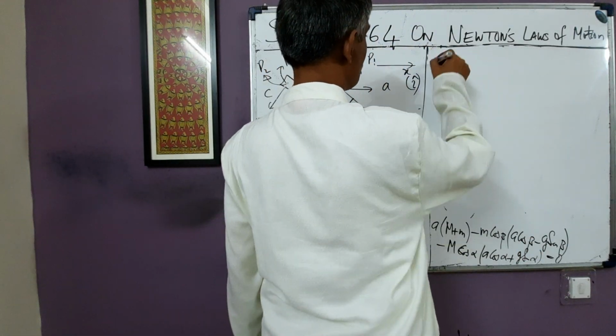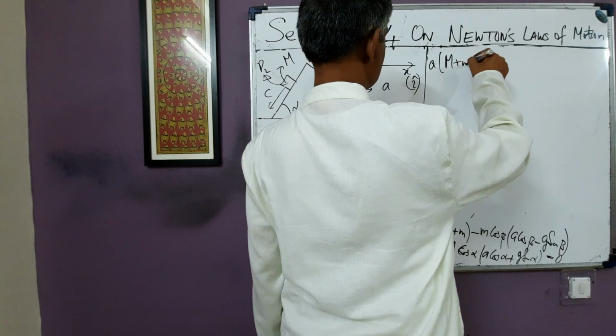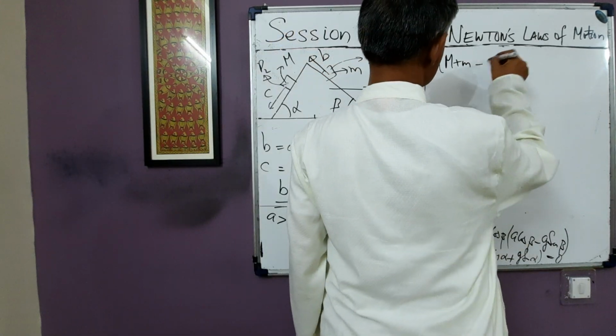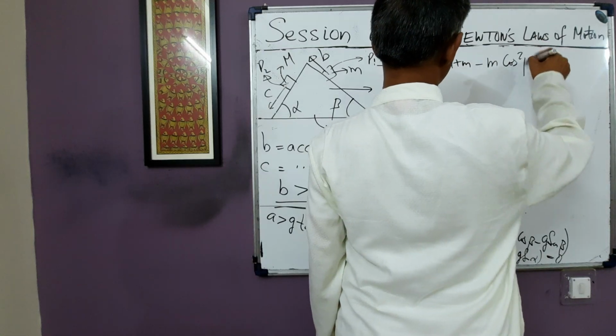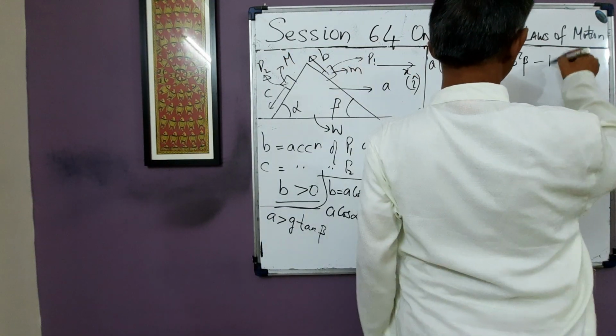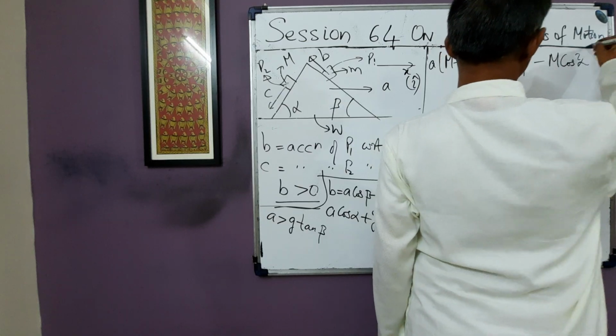So when I take a common, what do I get? M plus m minus m cos square beta, and here M cos square alpha minus M cos square alpha.